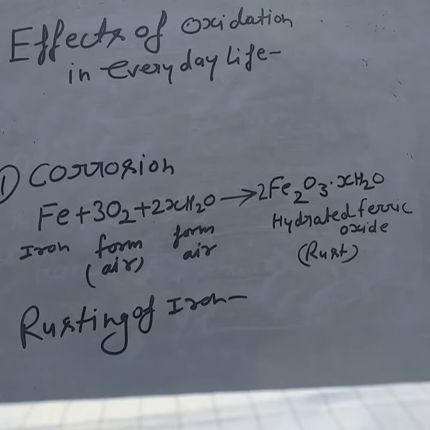Rusting of iron is a common phenomenon and a particular case of corrosion. When a piece of iron is left exposed to moist air for some time, it gets covered with a reddish brown coating.